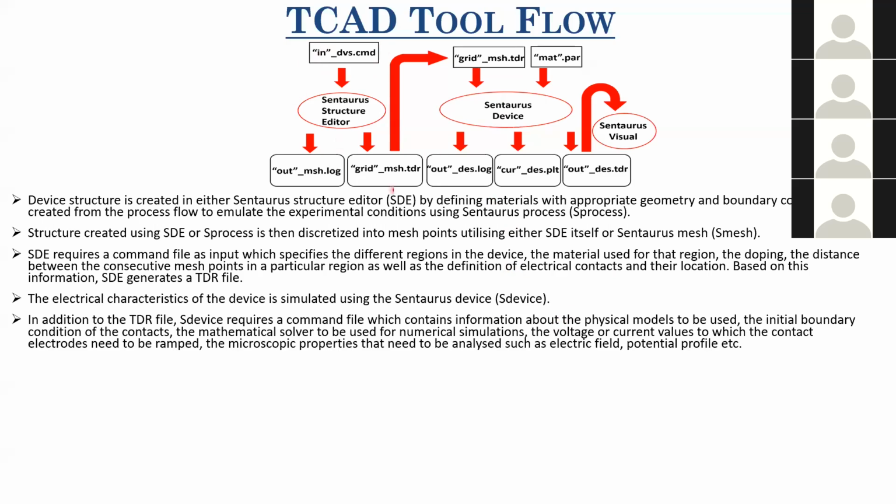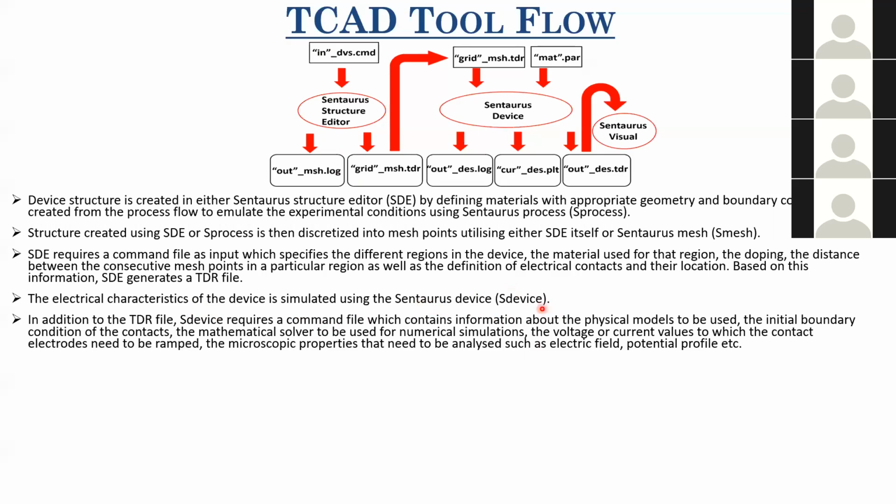We also have to define the initial boundary conditions of the contacts and the mathematical solver to be used. Solving these differential equations is very difficult, so the typical methods used are iterative methods like Newton-Raphson. We also have to specify what kind of mathematical solver we want, whether we want convergence only for the error or also for the derivative of the errors, and so on.